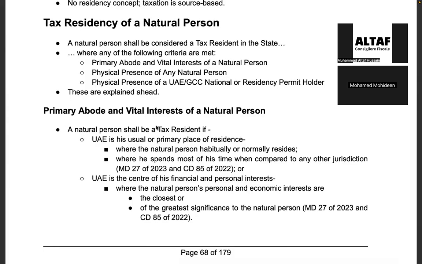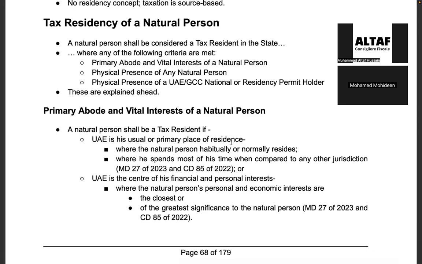That's the first part. A natural person shall be a tax resident if, and here we have to be careful because this is domestic law, not international law. In the UAE, from a domestic law perspective, a natural person is a tax resident if the UAE is his usual or primary place of residence.